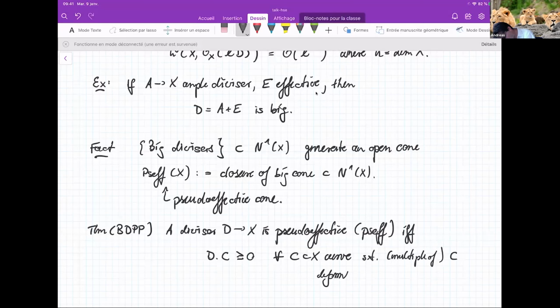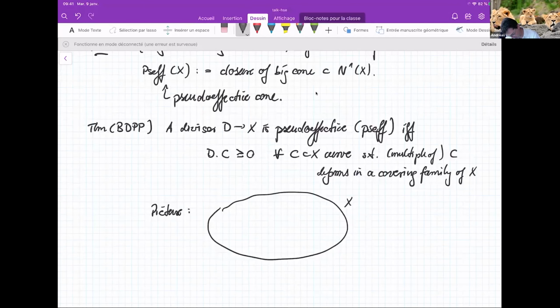Okay, so what is the picture? If you have your big manifold X, then in this big manifold you might have some bad curves, C bad, on which you have a negative intersection.